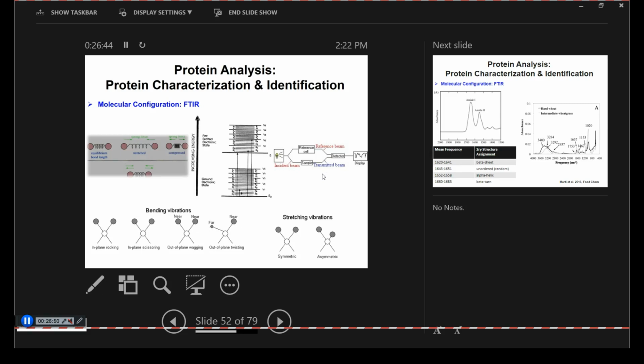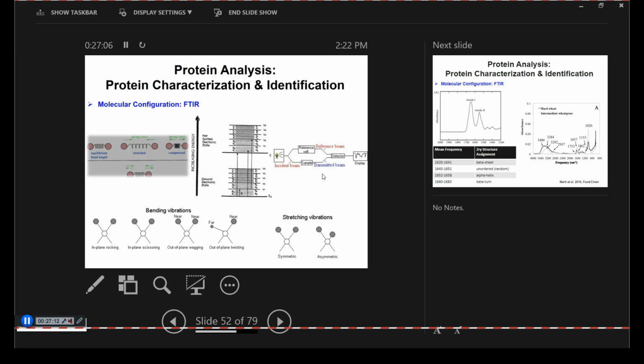FTIR is another powerful tool that we use in protein structural characterization. I spent a whole lecture or two on IR in a different class, so here is not the place where I go over the principle in detail, but I'll give you a very brief overview.